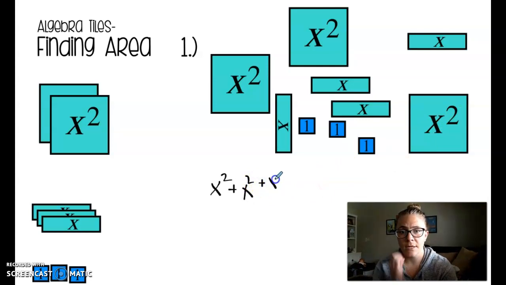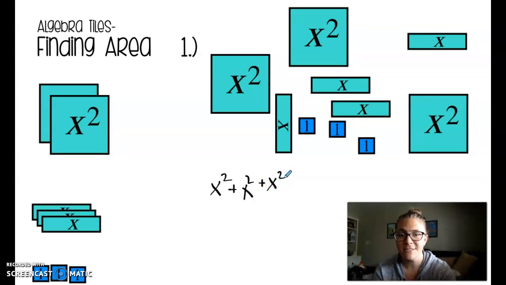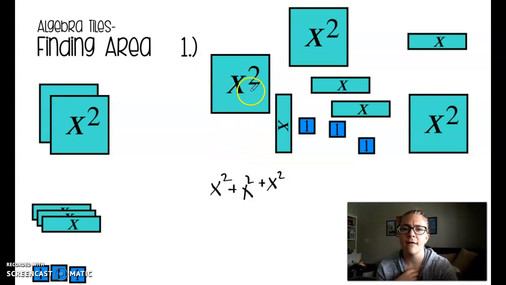Now you can see it takes a while to write all of these out with my mouse. So another way I could write this is to think about how many x squared tiles I have. I can count that I have 1, 2, 3 of them, so I'm going to simplify this to 3x squared because I have 3 tiles that are all x squared.